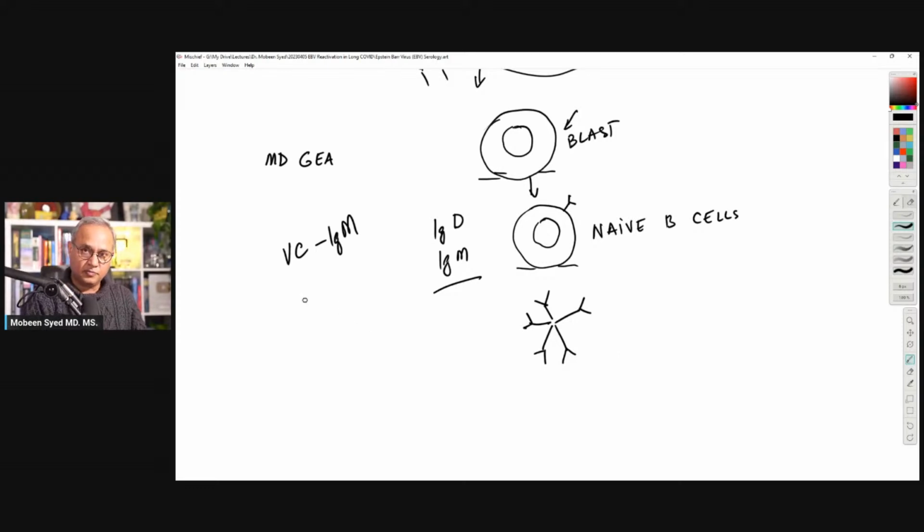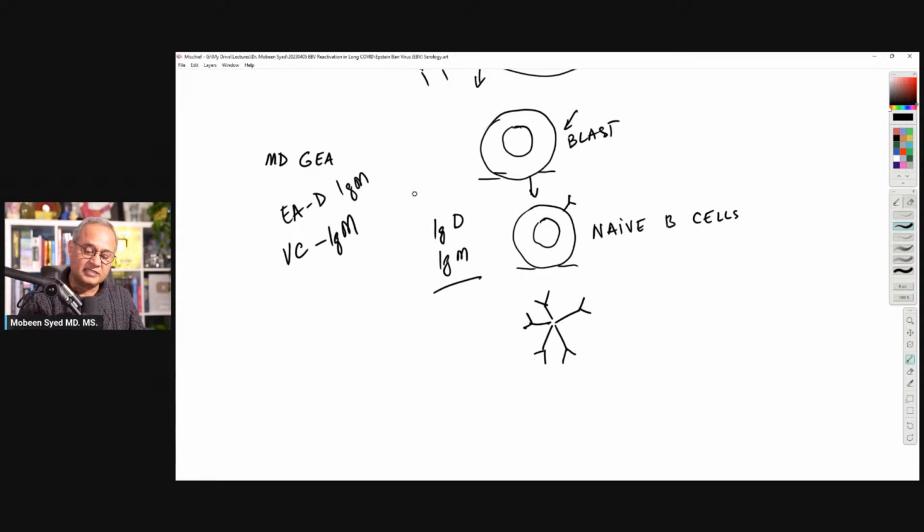So 3 things now. If you see heterophile, that means active infection. If you see antibodies against EAD, so let's say IgM or IgG, whichever, if there is EAD being produced, active infection. If it is IgM, then new infection. If it is IgG, then previous infection that has become reactivated.